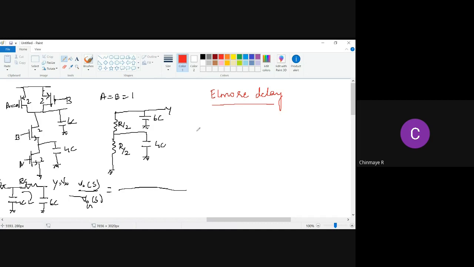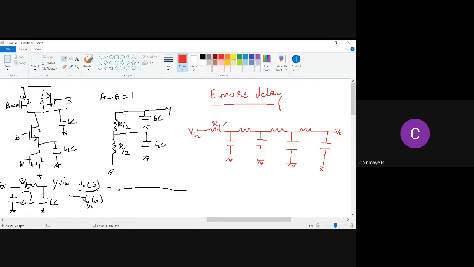Okay, let me draw one. Suppose you have R. This is a very generic model, not related to any of the gates. So whenever you have some circuit which looks like this, V0, here is Vin.